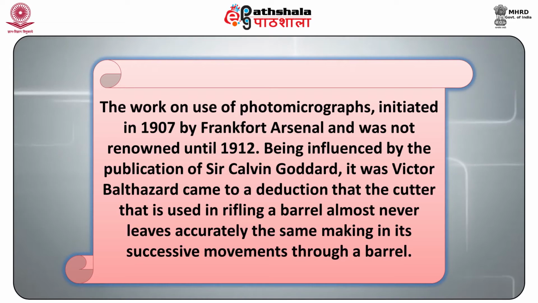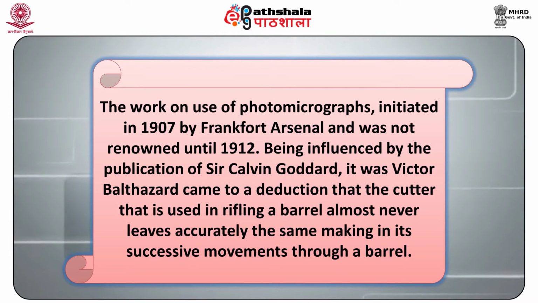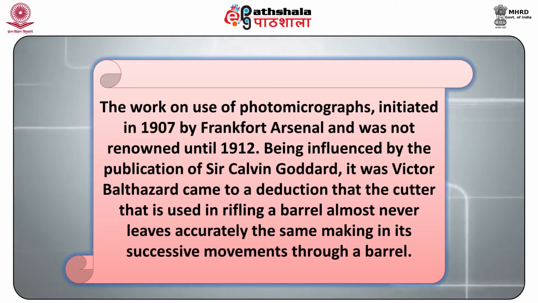It was Victor Balthazard who came to a deduction that the cutter used in rifling a barrel almost never leaves accurately the same marking in its successive movements through a barrel.